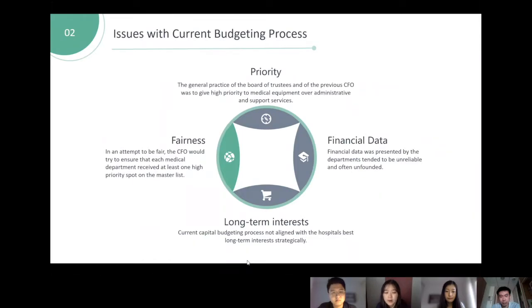And after the financial consequences of the requests happened, the financial data they presented was also likely to be very unreliable and even unfounded. So in conclusion, the current budgeting system is strategically not aligned with the hospital's long-term interest, or not the best optimization for them, so it needs to be changed in those aspects. Thank you. Next, please.